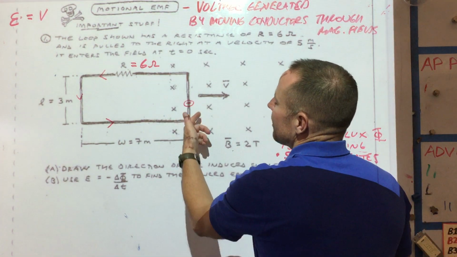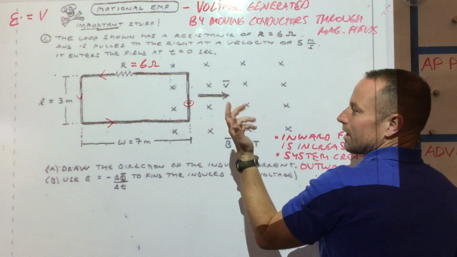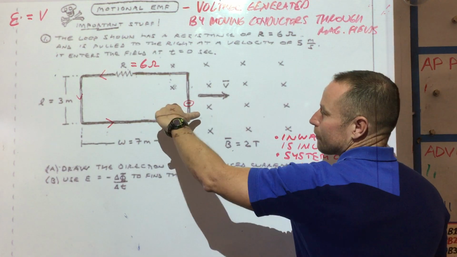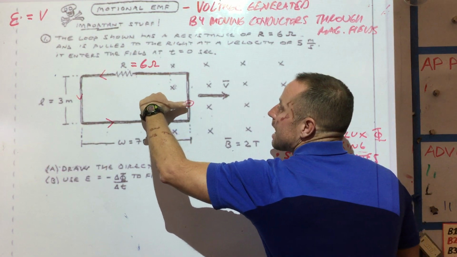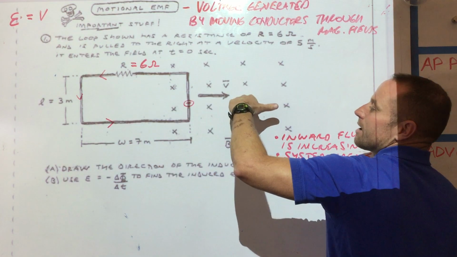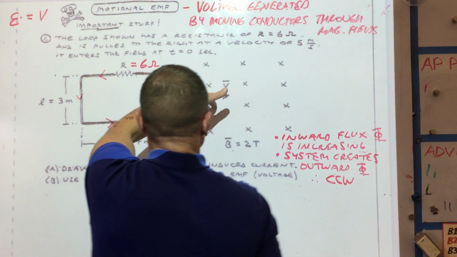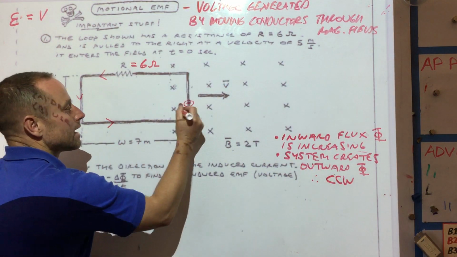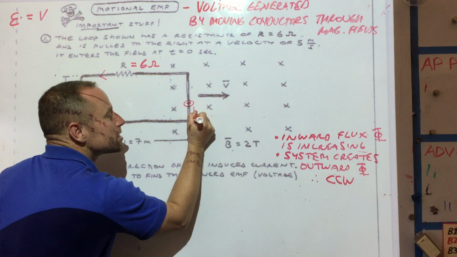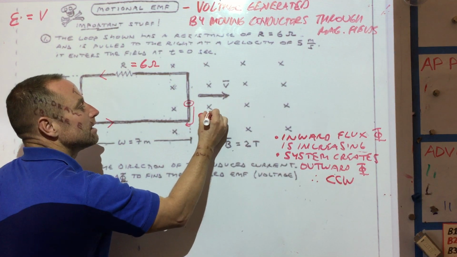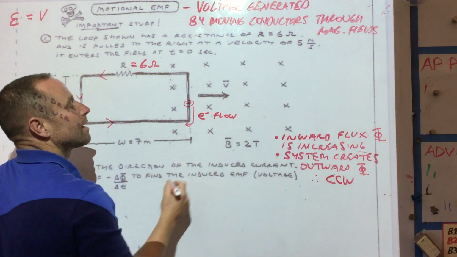Well, with a negative charge, you could use a left-hand rule, let's say, to figure out which way the magnetic force would be. You're pulling a negative charge this way through a field that points into the page. That's going to generate a magnetic force on negative charges this way. So negative charges would want to flow like that. Okay, so that's your direction of the electron flow, right?